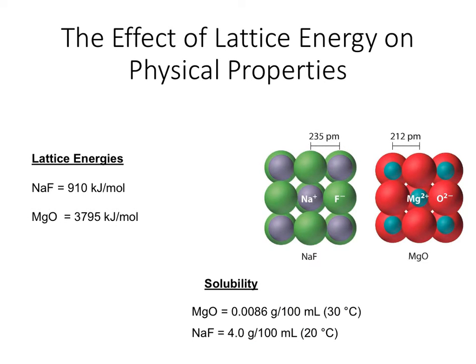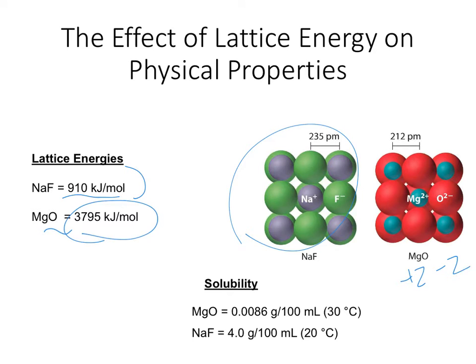All right, so how does that impact the solubility of an ionic compound? The lattice energy for sodium fluoride is 910 kilojoules per mole, while that of magnesium oxide is almost 4 times more, okay, which makes sense because you're talking about +2 and -2 charges.